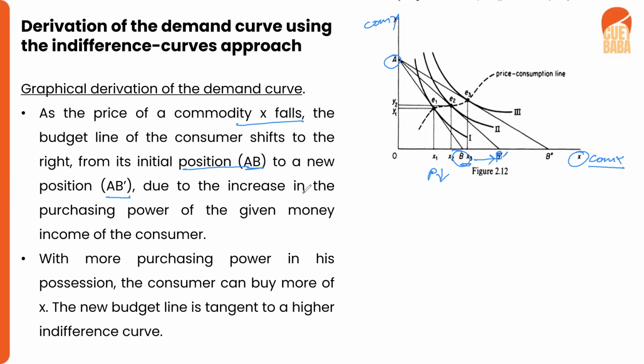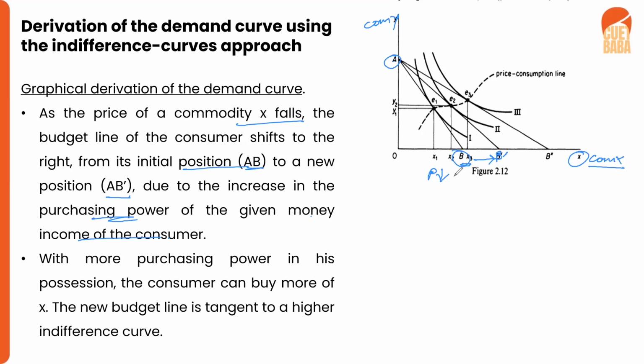Now, due to the increase in the purchasing power of the given money income of the consumer. So what is purchasing power? As the price falls, the income level remains the same, so the buying level of a person would be the purchasing power of the person.